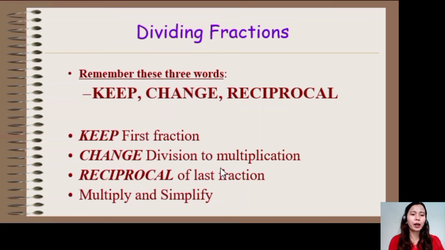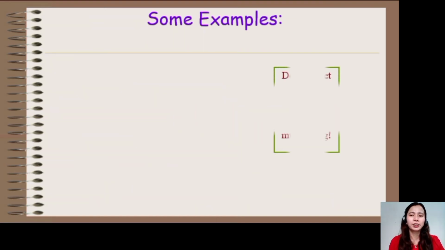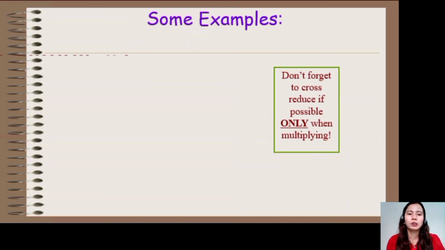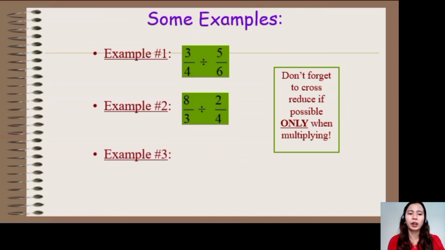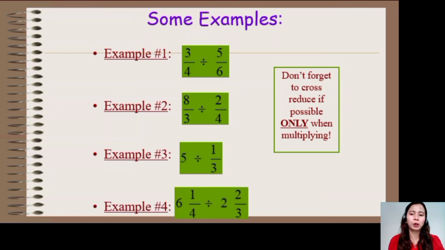Keep first fraction, change division to multiplication, then reciprocal of the last fraction or flip the last fraction, then multiply and simplify. Let's have this example. 3 over 4 divided by 5 over 6, 8 over 3 divided by 2 over 4, then we have 5 divided by 1 over 3, 6 and 1/4 divided by 2 and 2/3.